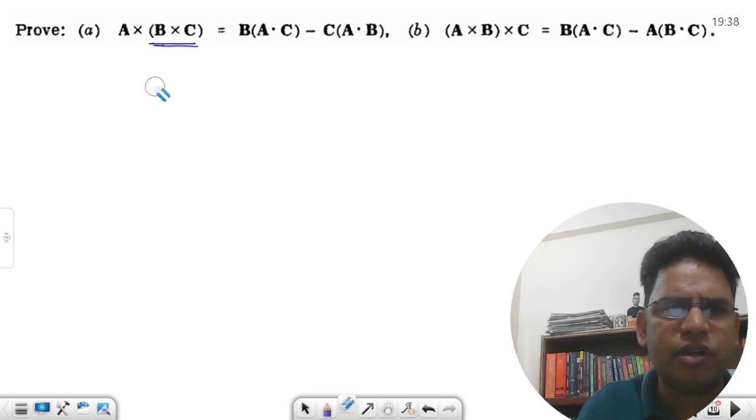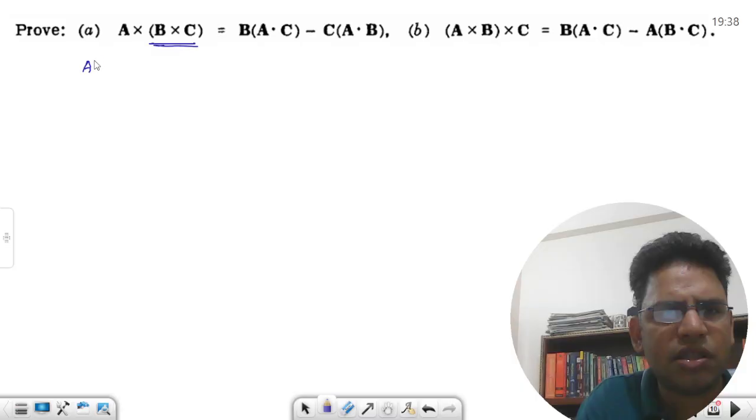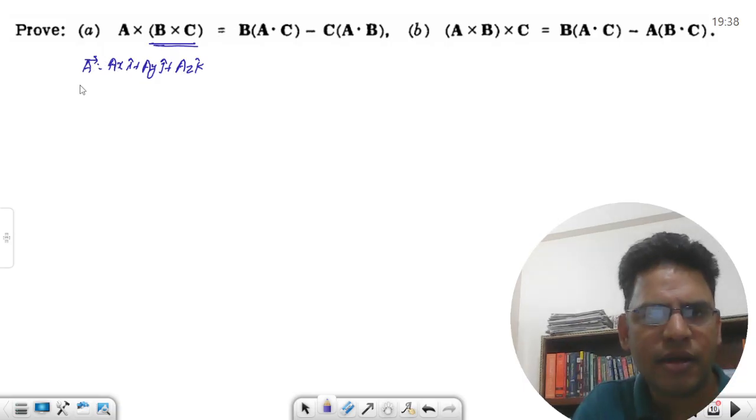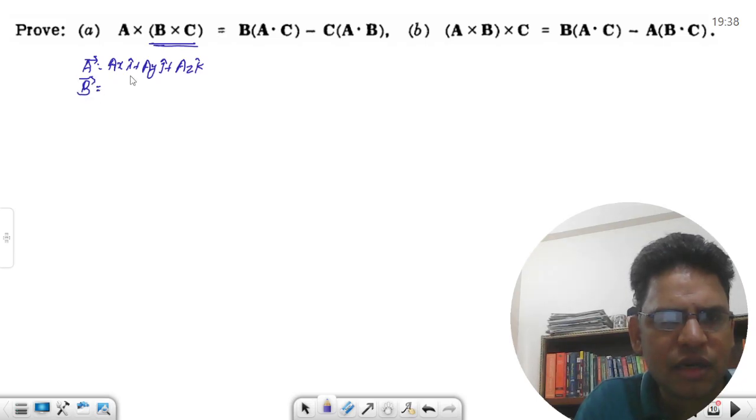Let me tell you this. Just understand this. Let's say A equals AX I cap, AY J cap, AZ K cap. And this B vector is written as BX I cap, BY J cap plus BZ K cap.